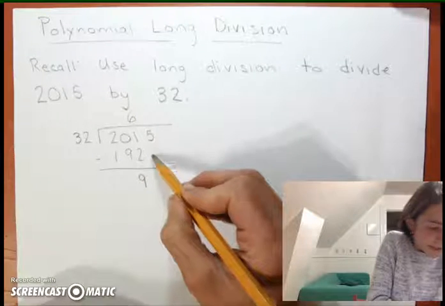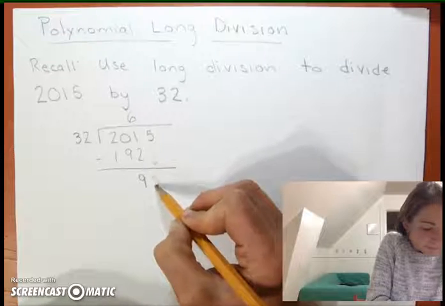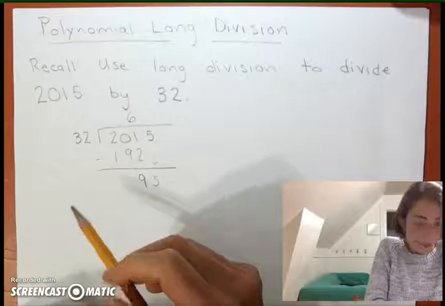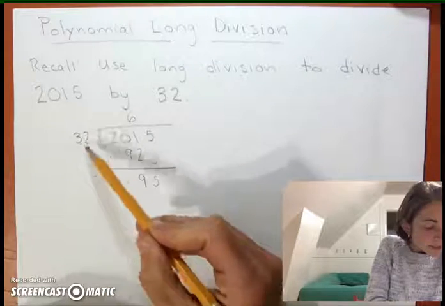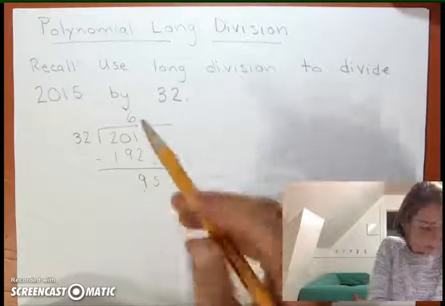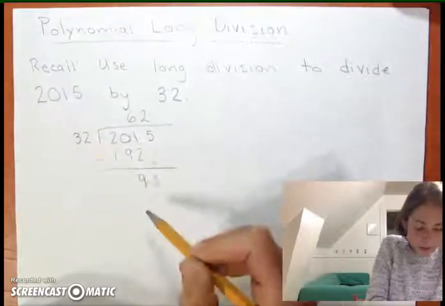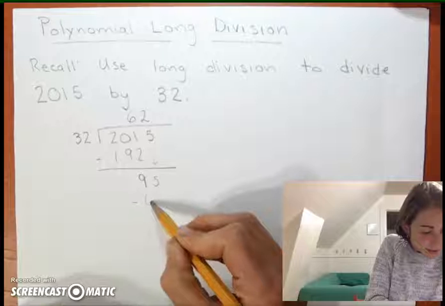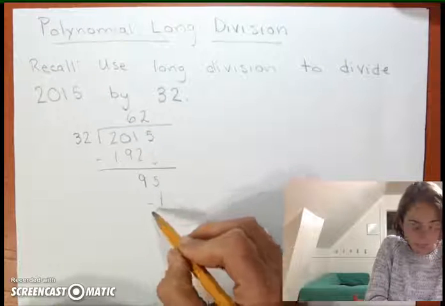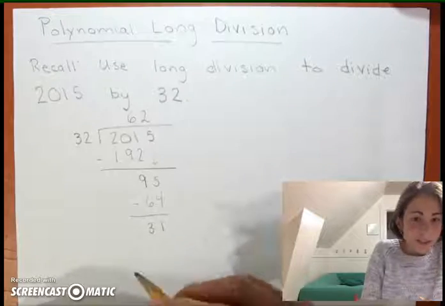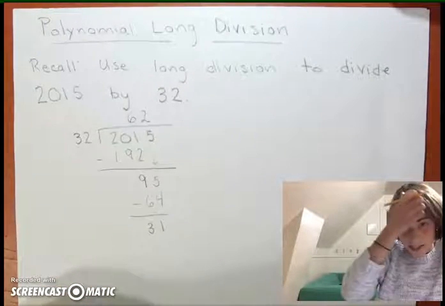And then I bring down the 5. So now I go through the same procedure. How many times does 32 go into 95? That's 2. Then I do 2 times 32, which is 64, and I'm going to subtract it from 95, and I get 31. So what does this whole process tell me?